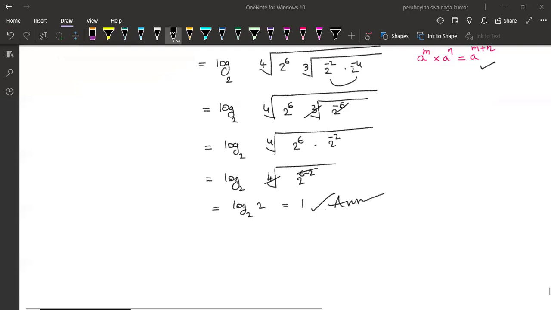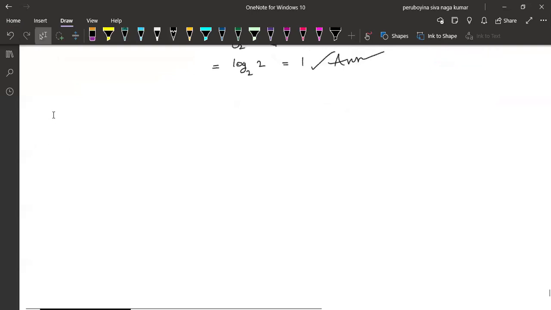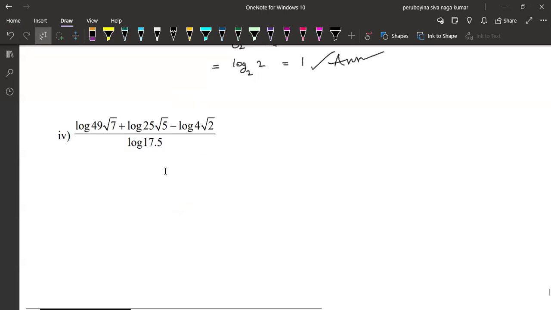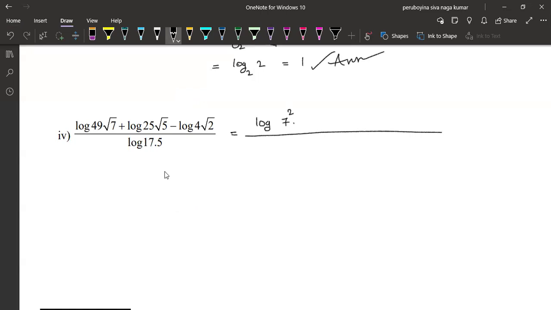And next, fourth problem. Log 49 can be written as 7 square.